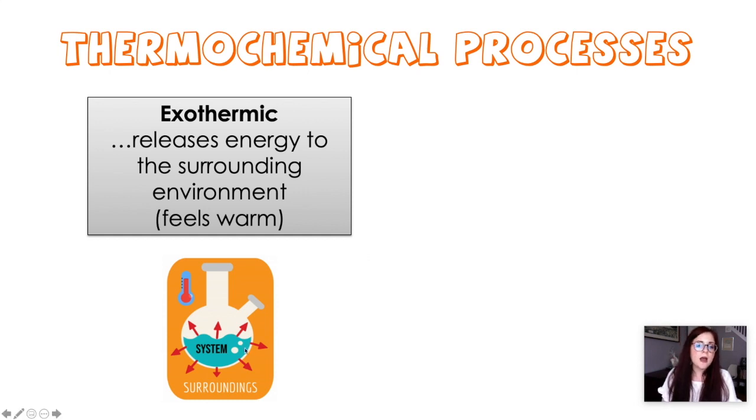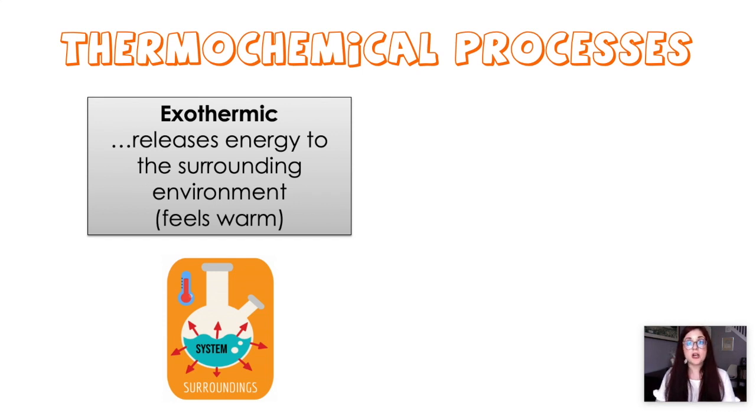My system is whatever is happening in my reaction or in my vessel. If I'm boiling water, that boiling water would be the system, whereas the surroundings would be the air around it. So in an exothermic process, your surroundings absorb heat energy and therefore feel warm. The system releases energy and the surroundings absorb it.